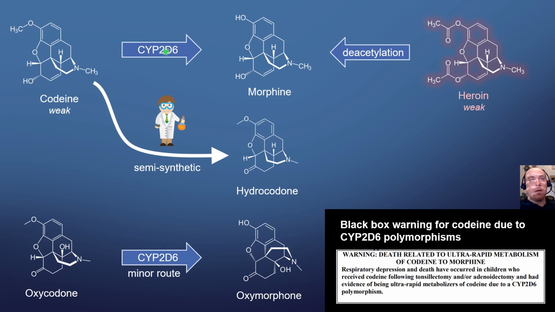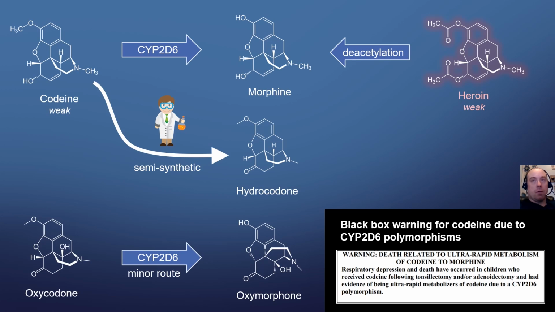Remember, that's our really variable enzyme there. And just for comparison, I have heroin on here. That's also, believe it or not, weak until it is metabolized by a different mechanism, deacetylation into morphine. So codeine and heroin are both metabolized into morphine. They have that commonality there.